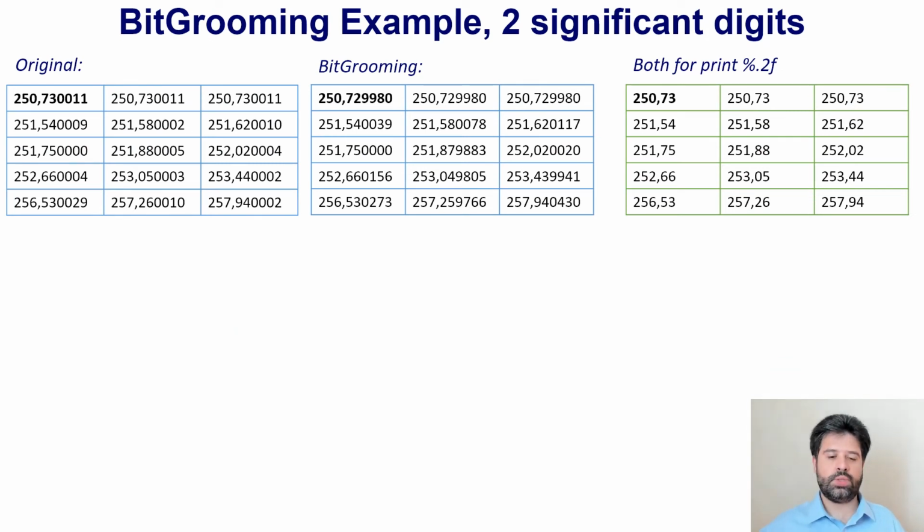Let's apply BitGrooming to this temperature data set. The values change slightly, but they are still equivalent when printed with 2 digits after the comma. Let's take the top left value and look at its IEEE representation.